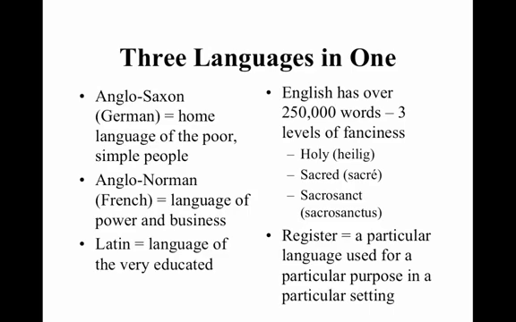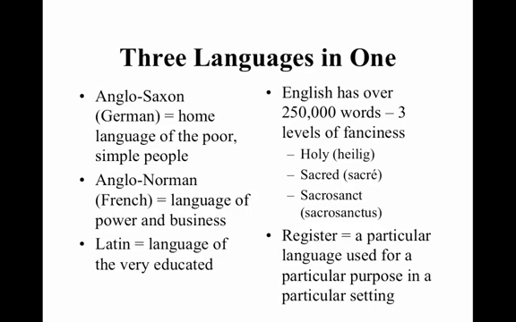It's because we have a lot of times at least 3 different words that mean the same thing and 3 levels of fanciness. So if we were going to talk about a church or a very special place, we might call it holy. That word is related to German, heilig, and so that's the most basic word. A fancier way of saying holy is sacred, and that's related to the French word sacré, which also means sacred.